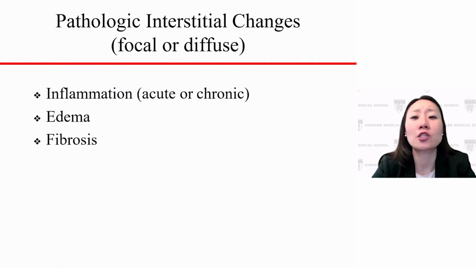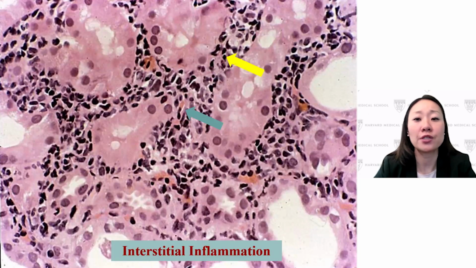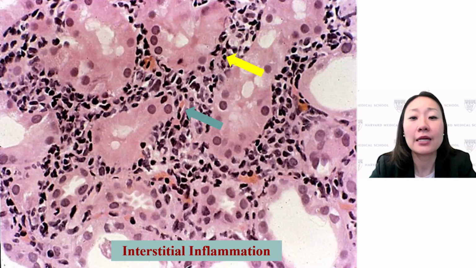What are the pathologic changes that we see? These are the major features: first, inflammation, second, edema, and lastly, fibrosis. Let's turn to a couple of pathology slides demonstrating the changes. First, the arrows indicate the interstitial inflammation that occurs with interstitial nephritis.